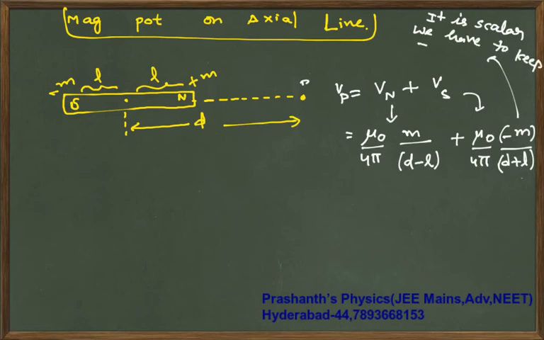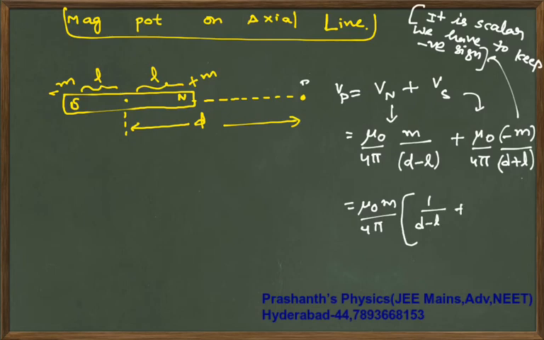We have to keep the negative sign because in vectors the negative sign is taken care of in the direction, but for scalars it is not. So if you simplify this, taking mu naught m by 4 pi common, that becomes 1 by (d minus L) minus 1 by (d plus L).